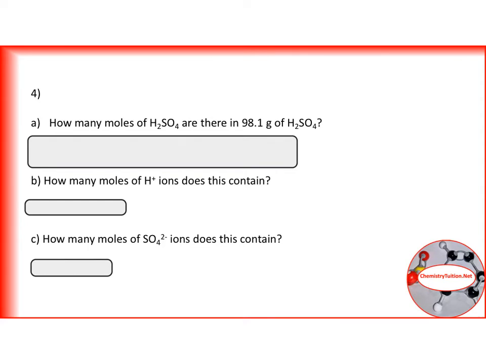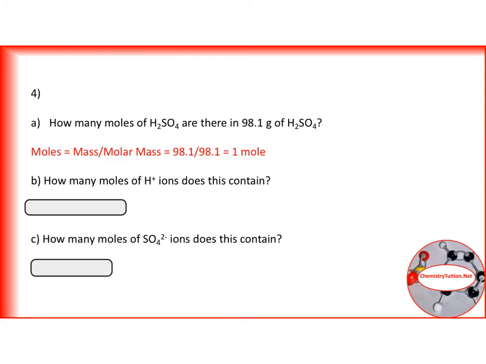4A shouldn't be too bad. We have to find the number of moles of sulfuric acid if in 98.1 grams, and that is 1 mole. So that's not too difficult. But then it asks how many moles of H plus ions does that contain? Well, if you look at the formula, in every one H2SO4, here we have 2 H plus ions there.